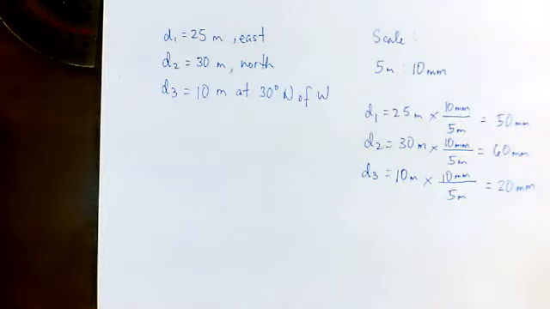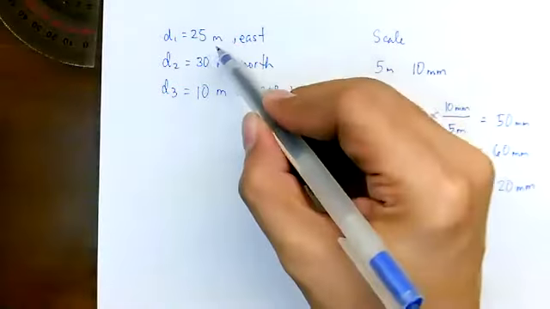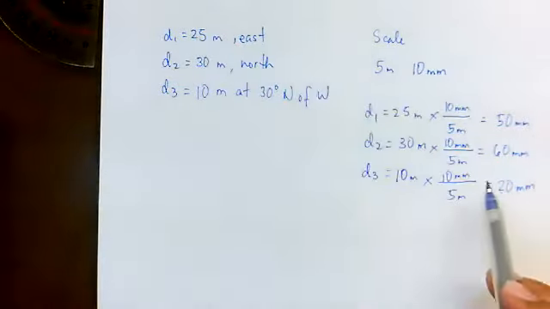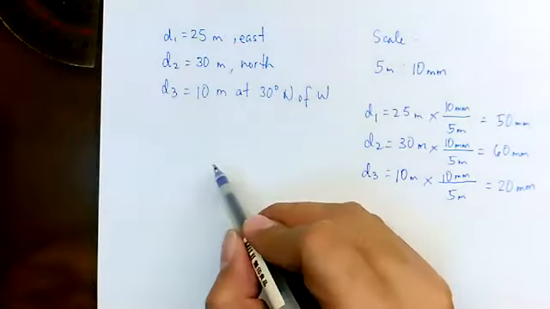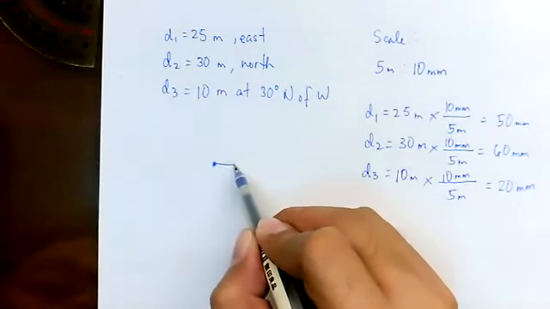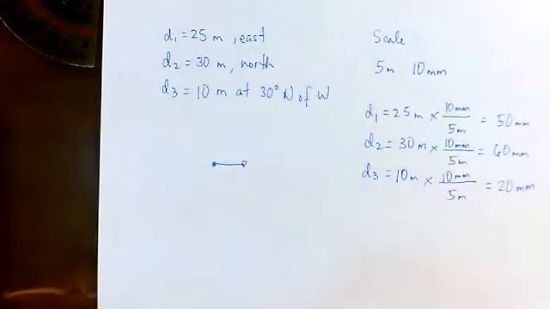After we have solved for these, the next step is to estimate where these vectors are heading based on the direction. D1 is first heading east. This is important so that you will know where to start on your blank sheet.